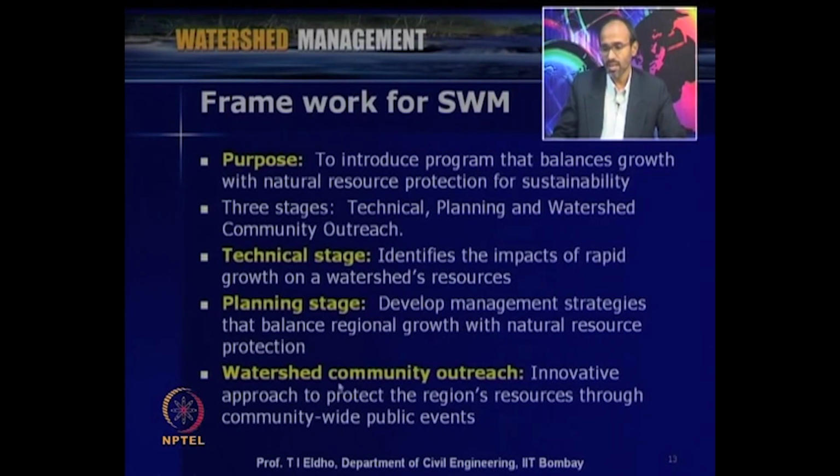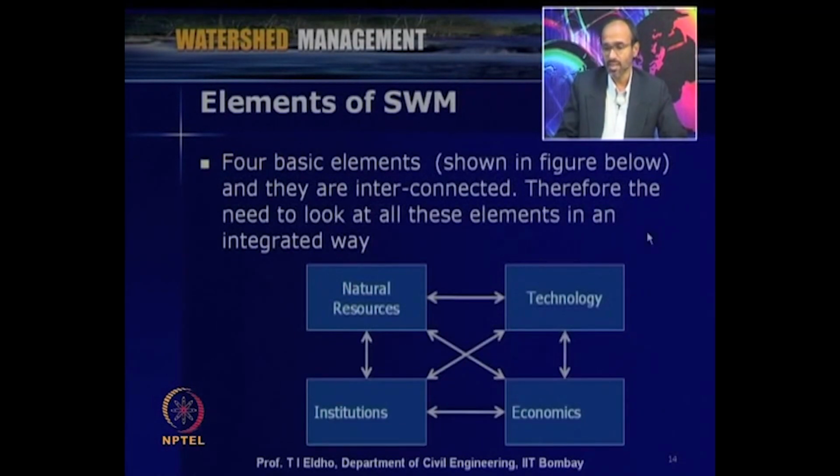The third is watershed community outreach, where we look at innovative approaches to protect the region's resources through community-wide public events. So, within the sustainable watershed management framework, we have to see the technical aspects, planning aspects, how the stakeholders are involved, and public participation.